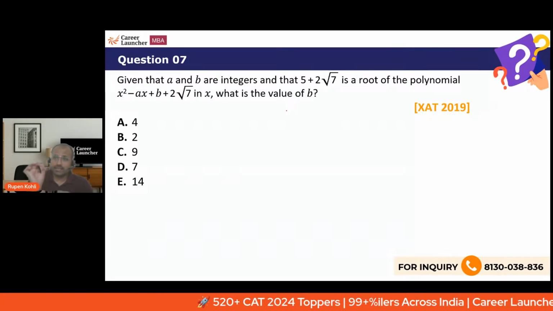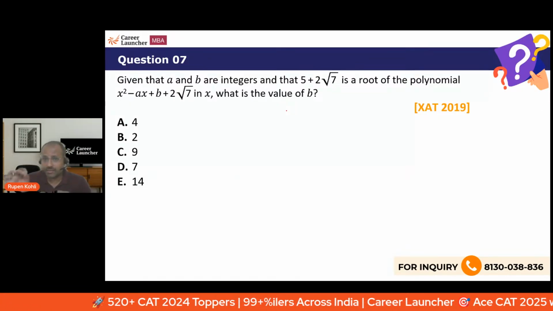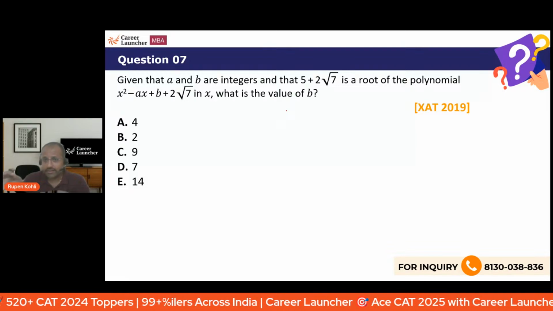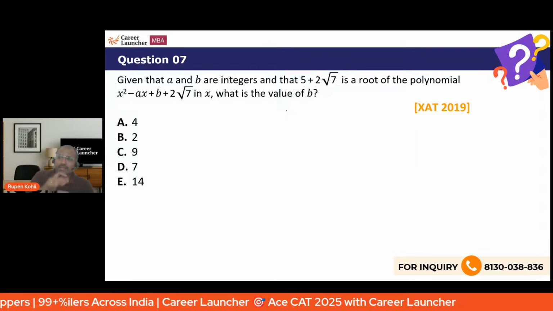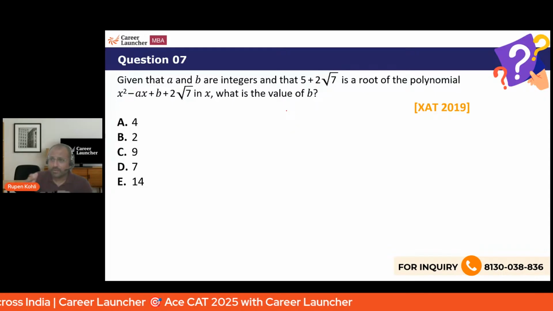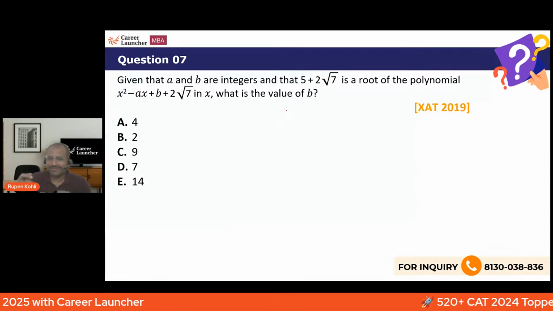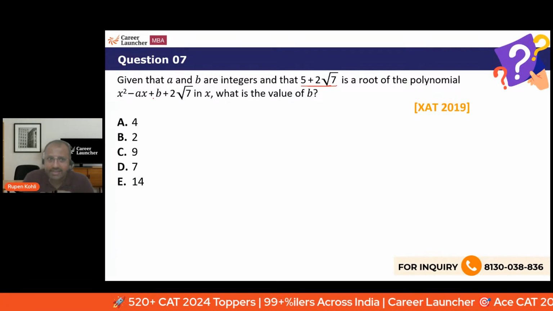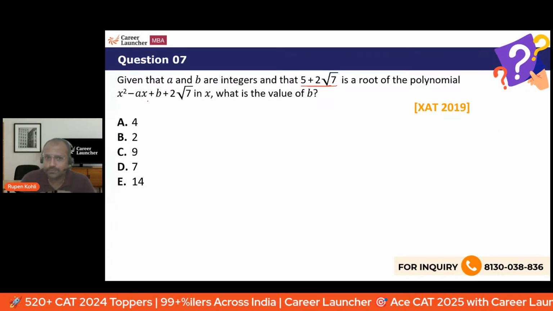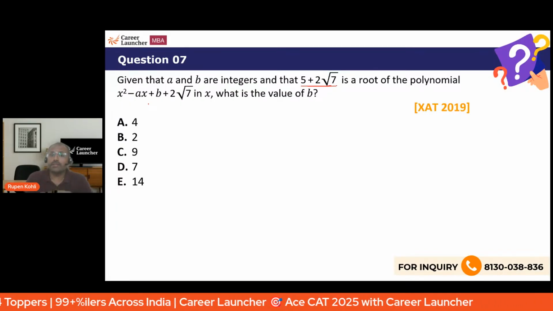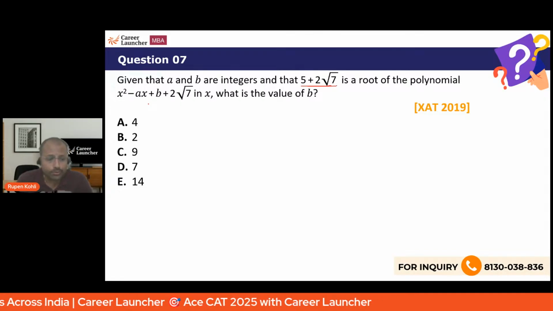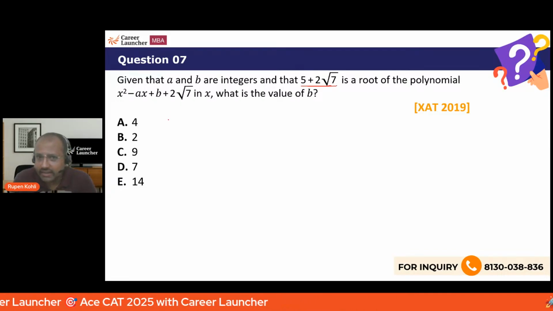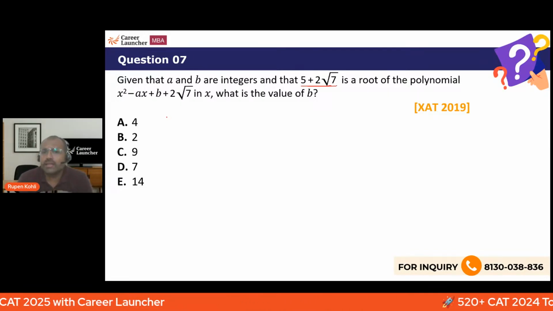If alpha is a root of the polynomial p(x) equals 0, then x minus alpha is a factor of the polynomial and p of alpha equals 0. Right? So the most basic thing, 5 plus 2 root 7 when inserted inside this quadratic should make it 0. Yes, that is the meaning of the fact that that is given as a root, right? So we should write that equation and then let's see what we can do with that.